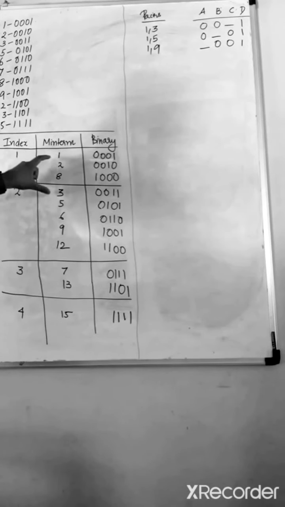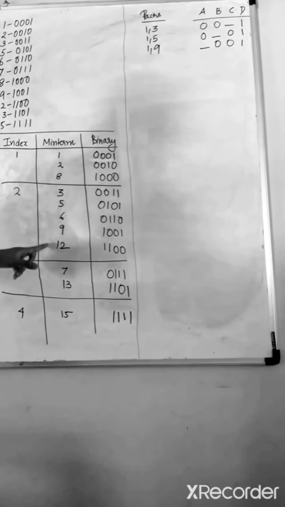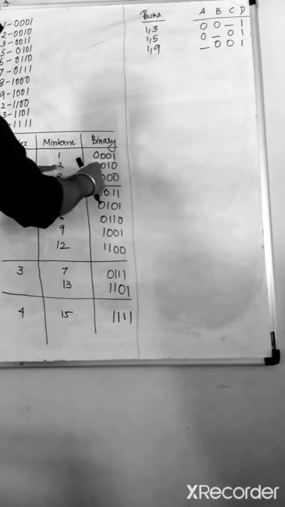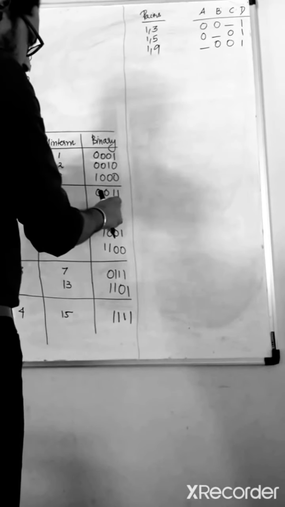When the set of 1 with other cases are finished, go for 2. 2 is compared with 3. 0 0 1 0 and 0 0 1 1.